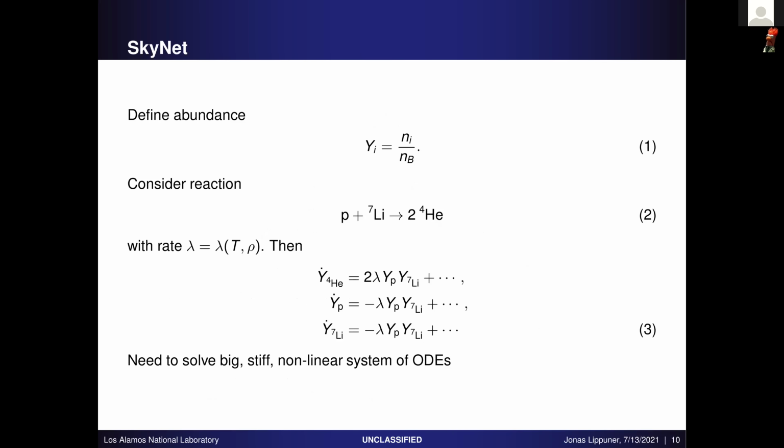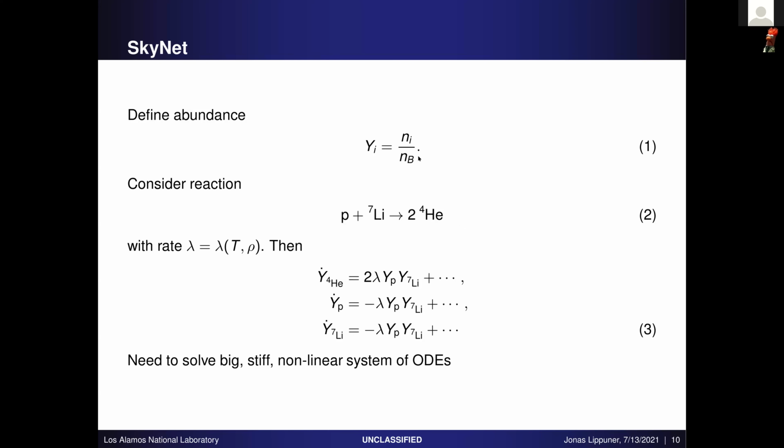So here's just one slide on how Skynet in particular, but really all nuclear reaction networks, work. The quantity that we're really tracking is this abundance, Y_i. For each nuclear species i that we're tracking, we define this abundance, and it's just the number density of that species divided by the total baryon number density. The total baryon number density is just the number of neutrons and protons, regardless of whether they're free or bound in nuclei.